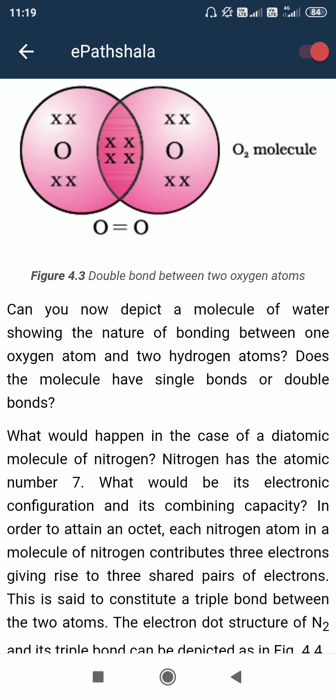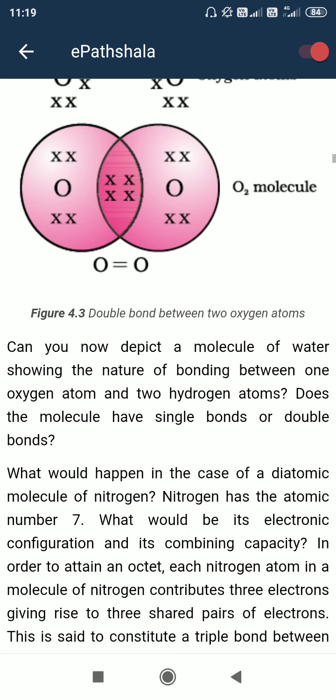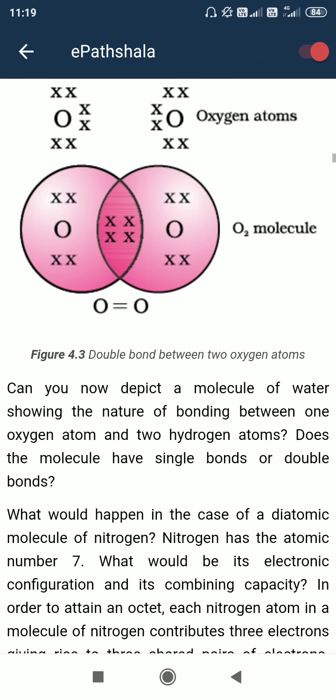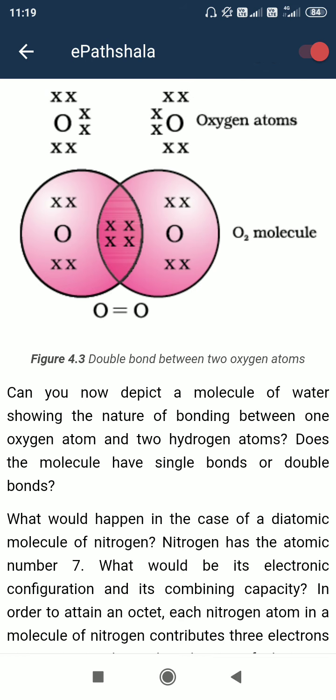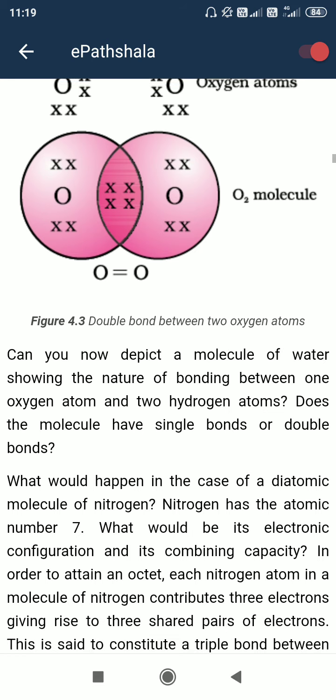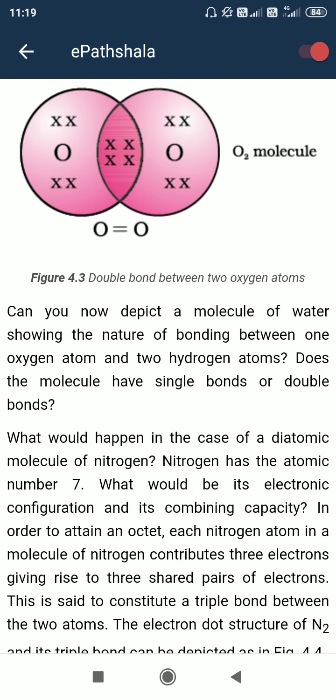The first orbit is 2, so the remaining 6 electrons are in the outer shell or outer orbit. To make it 8, we need 2 more electrons, so 2 more electrons means 2 bonds. So 2 bonds are formed between 2 oxygen atoms, thus both atoms got stabilized.